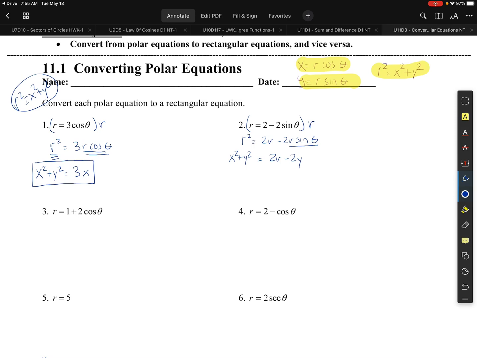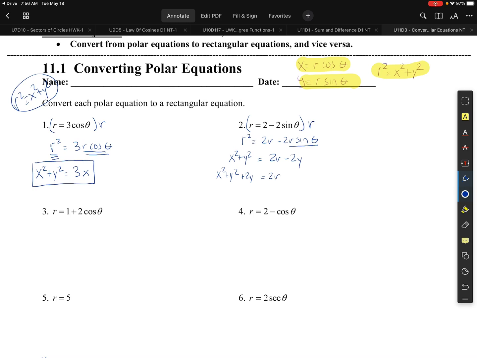Now we want to set this up so we can get r by itself, because we cannot end with r in these equations. So x squared plus y squared plus 2y equals 2r.